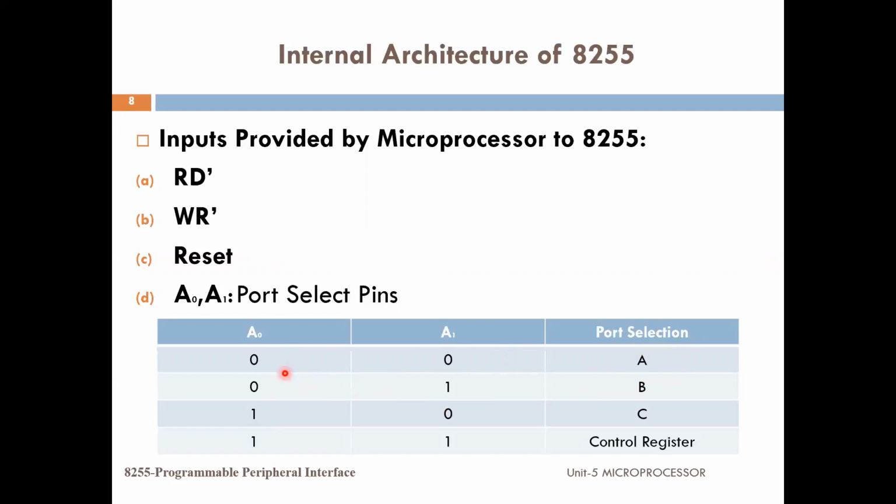If A0 is 0 and A1 is 1, then port B will be selected. Similarly, if both values are 1, then the control register will be selected, meaning the data stored in the control word register, which is your control word, needs to be either read or written.